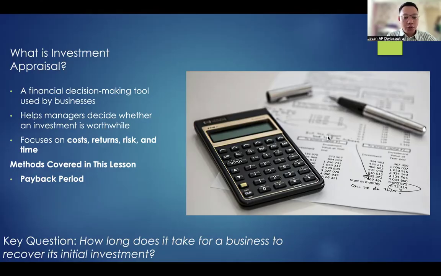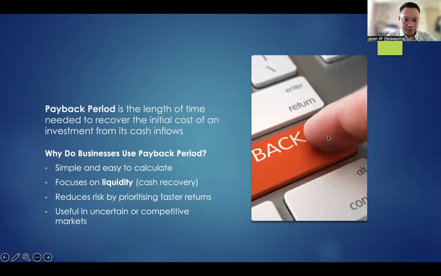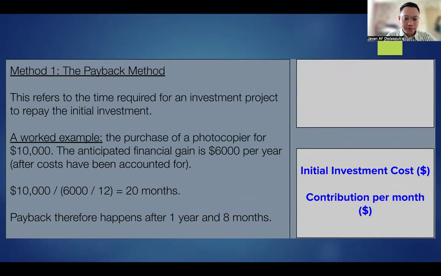Let's look at a worked example. A business decides to purchase a photocopier for $10,000. After taking all operating costs into account, the photocopier generates a net financial gain of $6,000 per year.